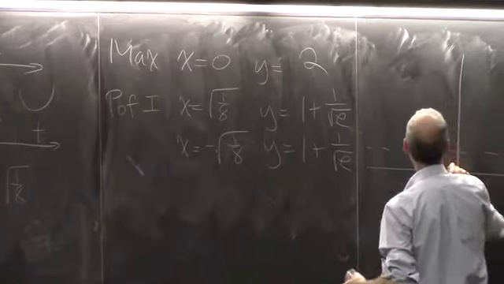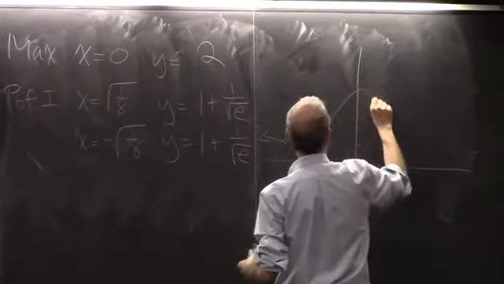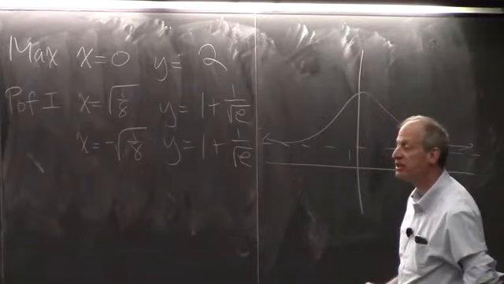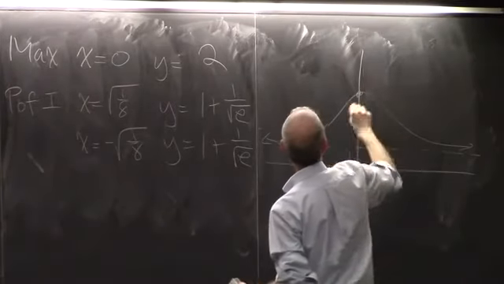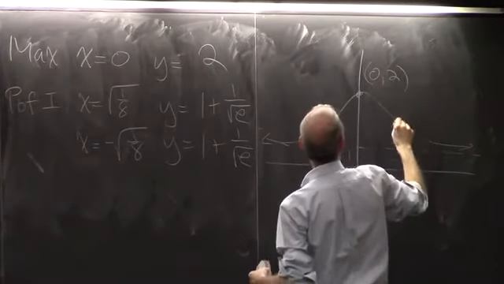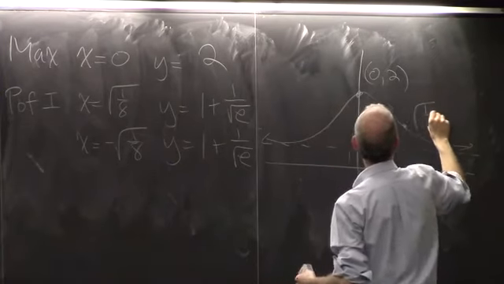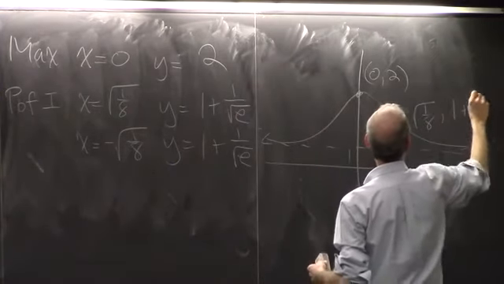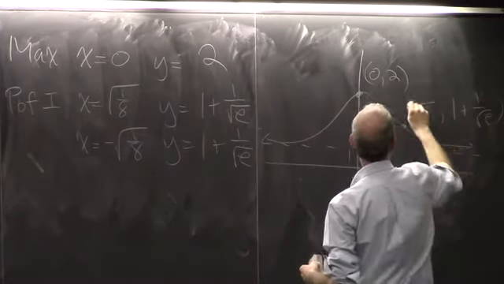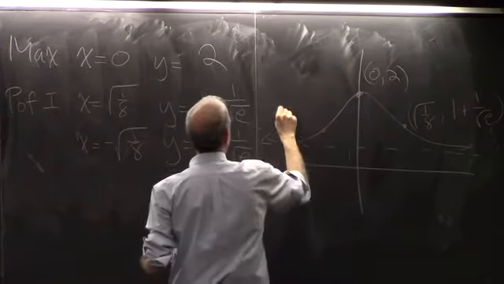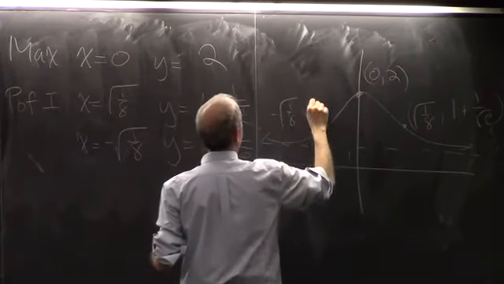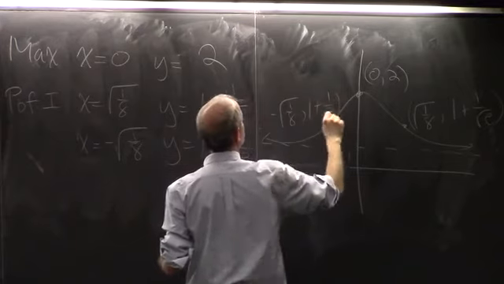And you get that. You get the bell curve. That's the point 0, comma 2. That's the point square root of an eighth, comma 1 plus 1 over the square root of e. And that's negative square root of an eighth, comma 1 plus 1 over the square root of e.